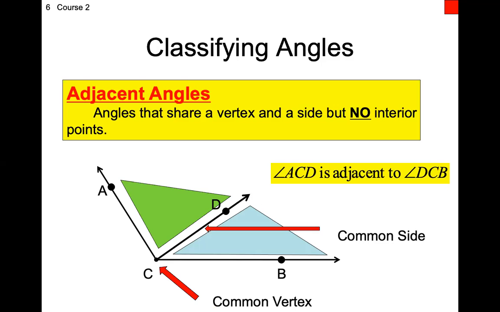Tonight for homework, it's going to ask you to identify adjacent angles. They're going to give you a shape. It may or may not look like this. And they're going to ask you to name the adjacent angles. That means angles that are next to each other. There can be no space between them. They have to share a common side. Notice both of these have the letters C and D in the angles.